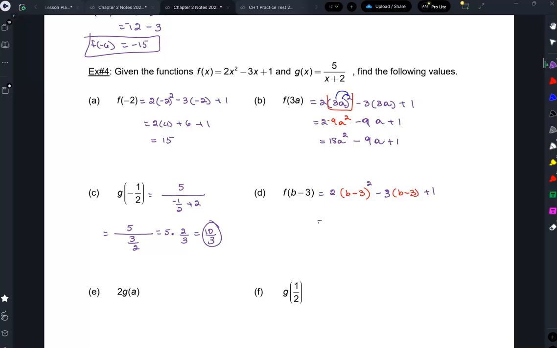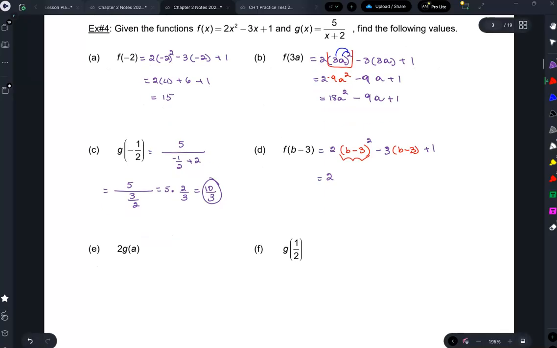Here, I have 2 times b minus 3 quantity squared. What's that going to be? I'm just going to work on a scratch paper here.